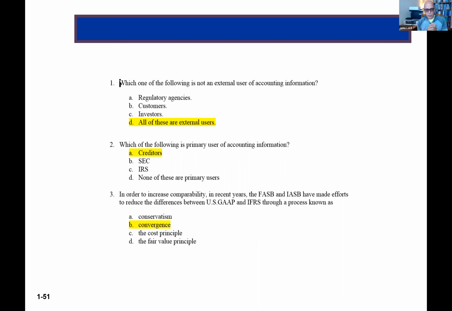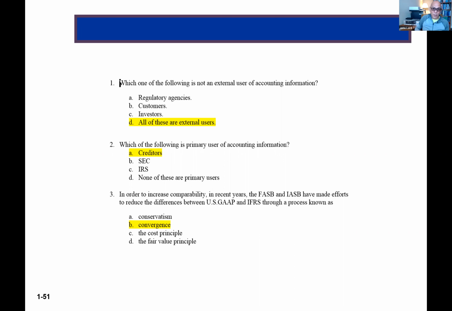Well, regulatory agencies, the IRS, the Securities and Exchange Commission, they're external to the company, obviously. Customers are external to the company. And sometimes students say, well, why are customers external? Well, look, if you're going to Nordstrom and the phone starts ringing on the other side of the counter, you don't go around the other side and say, Nordstrom, can I help you?